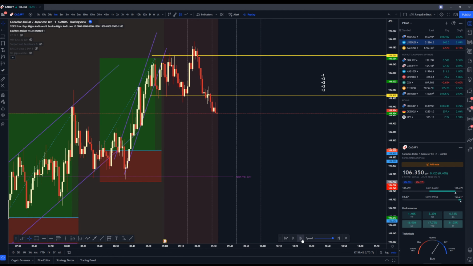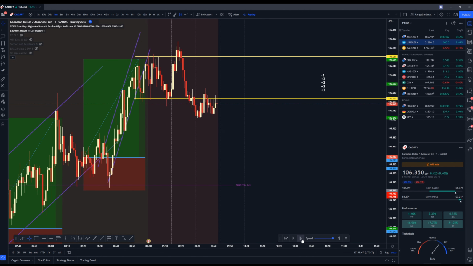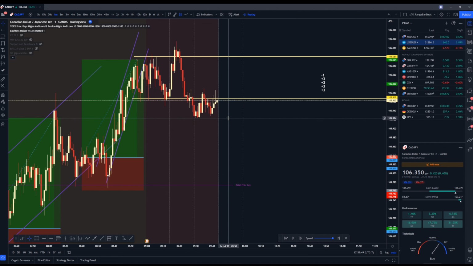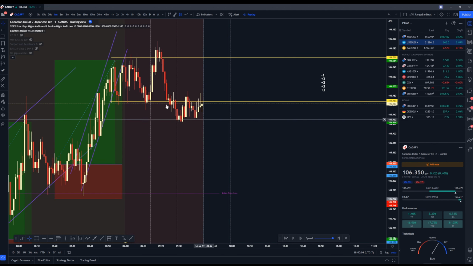Once we start trending again, then we can hop back on. One thing I do see is a quasi forming here, but because of how compressed everything is, I don't really want to enter there. It's not even giving me enough. There's no reason to enter here.